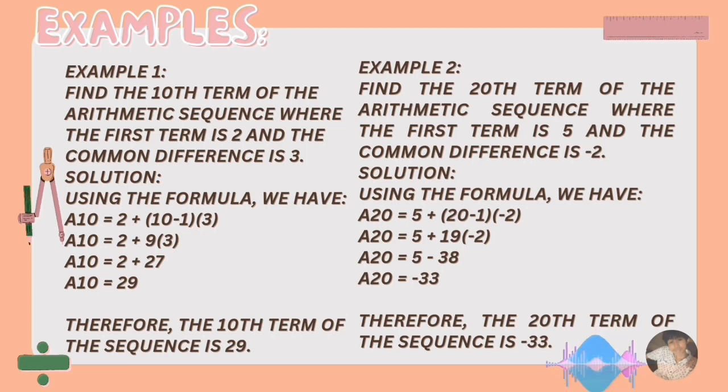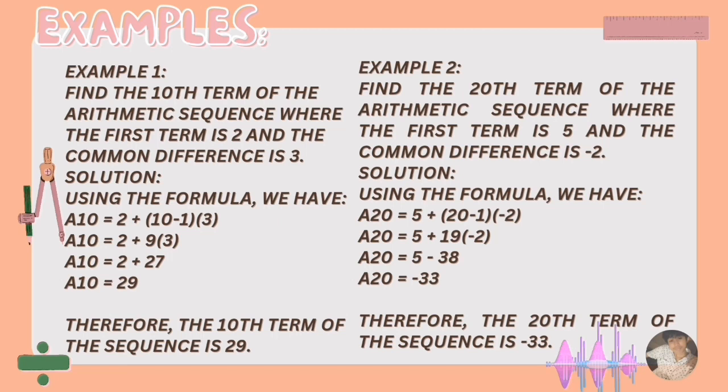So for our solution, using the formula we have, a_10 = 2 + (10 - 1) multiplied by 3. a_10 = 2 + 9 times 3, and 9 times 3 equals 27. Let's add 2 and 27. So 2 + 27 equals 29. Therefore, the 10th term of the sequence is 29.